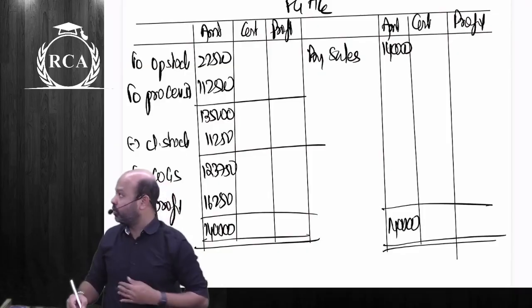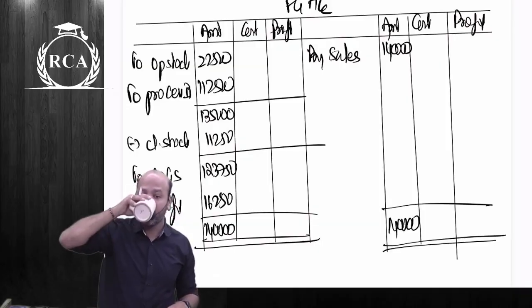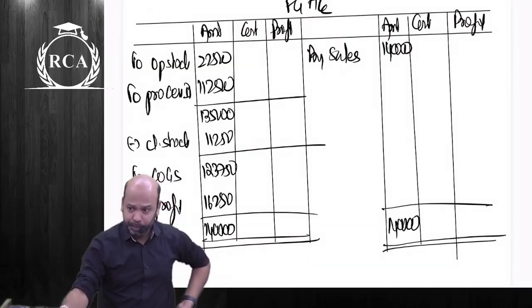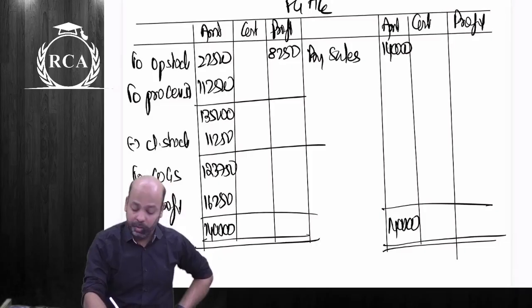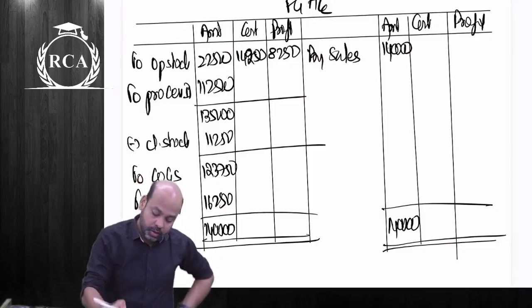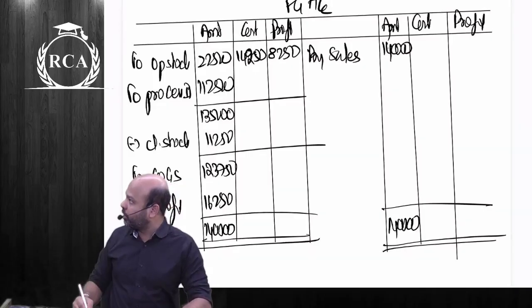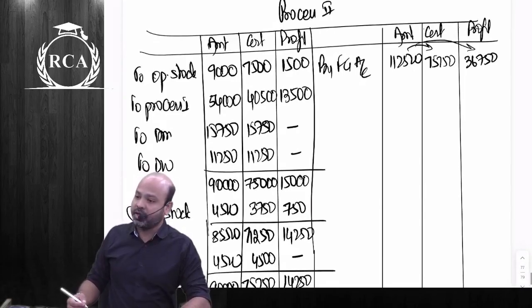As far as the opening stock is concerned, guys, how much is the amount of profit included in that? 8,000 given in the question. Yes or no? How much is the cost for this? ये जो 1,12,500 है बेटा, what is the cost to the company? 75,750.